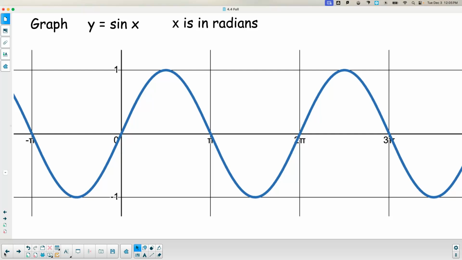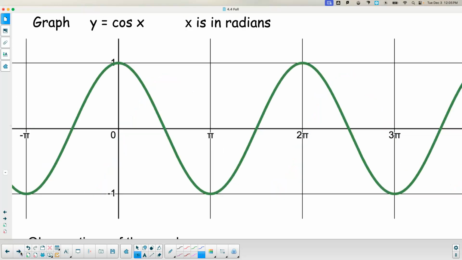We just did the first lap. This right here is the first lap sine curve. It goes on forever, but we just graphed the first one. Then we graphed cosine, and the first lap cosine curve was right there.